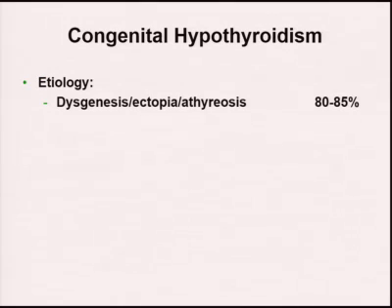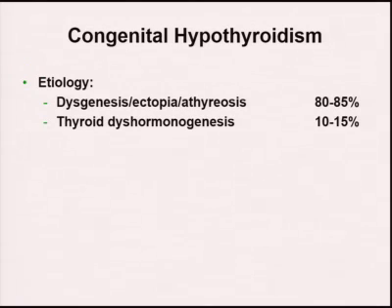So sometimes these patients come to us from ENT before they are going to biopsy it or remove it. And then sometimes, as much as we search, we can't find a thyroid, either with a scan or an ultrasound, and that's called athyreosis. So this is the most common category of causes for congenital hypothyroidism. And usually it's pretty severe hypothyroidism, and they have to be on thyroid hormone lifelong.